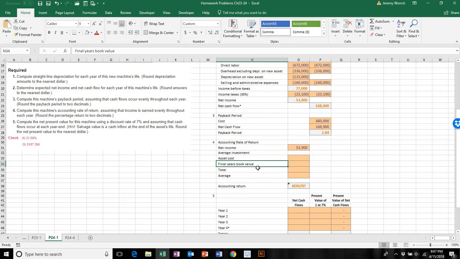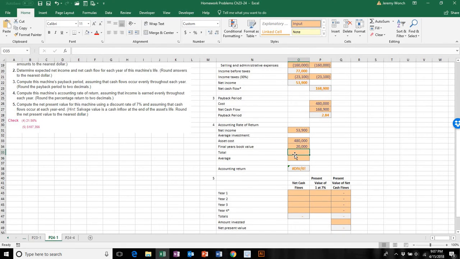The average investment here is just what we pay for the machine, and then we can add in the ending value, which is the salvage value. If we add these up and then get an average, we just divide by 2. So that gives us an average investment of $250,000.